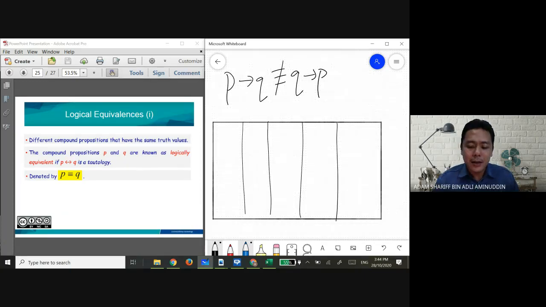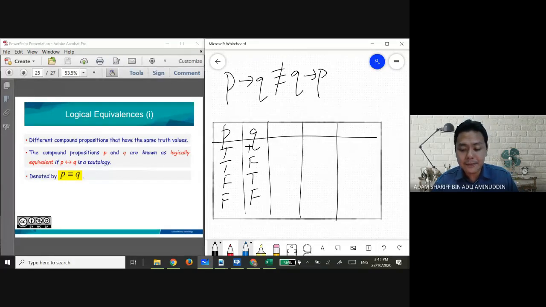We start first with P, Q: TTFF, TF, right? Then I should do P implies Q first, which is T, F, T, T. Q implies P is T, T, F, T. All right.